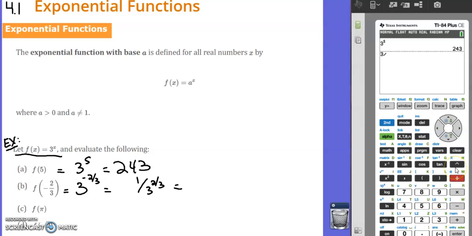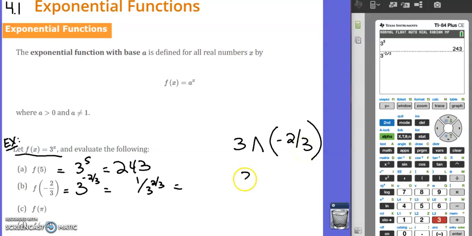Something I do want to point out to you is, on my TI-84, I can plug in 3 to the negative 2/3 power and it looks exactly like the problem. So just be careful when you plug this in. On your calculator, make sure you plug the fraction in with parentheses.